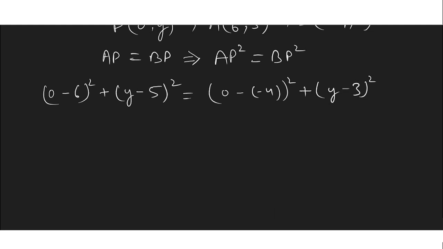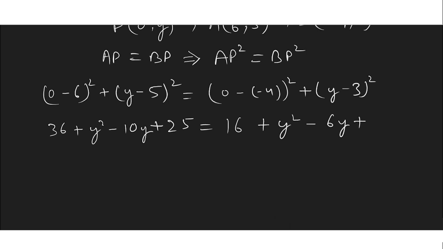Now solving this equation further, this comes out to be 36 plus y square minus 10y plus 25 equals minus into minus will be plus, 0 plus 4 will be 4, 4 square will be 16, plus y square minus 6y plus 9.